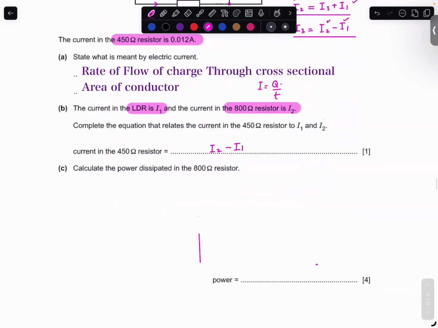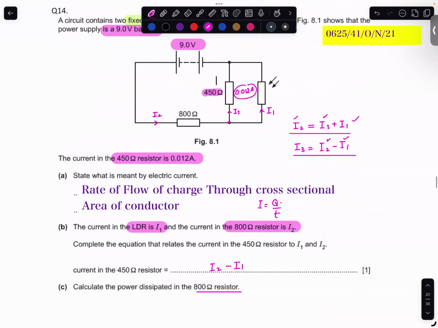Calculate the power dissipated in the 800 ohm resistor. To find the power dissipated in this region, I need to find the voltage drop. But the problem is that I don't have data about that. But this region of the circuit helps me a lot in calculating the voltage drop across 800.